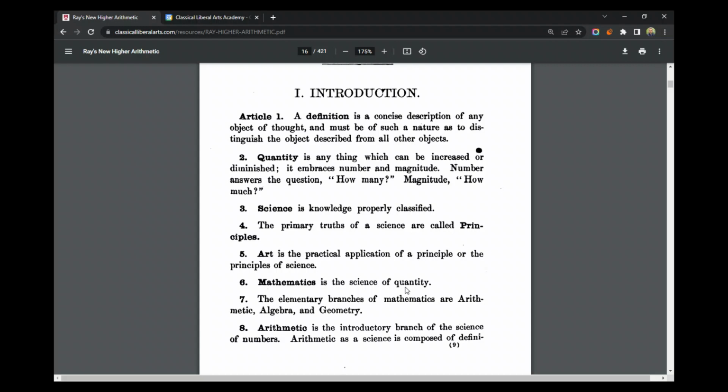We see that in Article 7 here. The elementary branches of mathematics are arithmetic, algebra, and geometry.